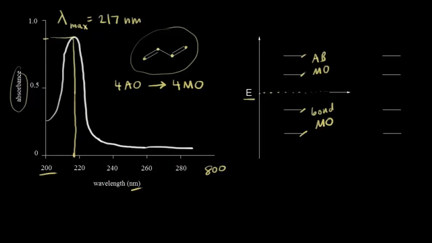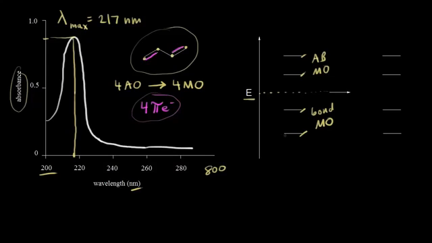Let's look at the dot structure again for butadiene, and let's see how many pi electrons we have. Here are 2 pi electrons, and here are 2 pi electrons, so a total of 4 pi electrons. When you're thinking about molecular orbitals, you can think about electron configurations. We have 4 electrons, and we're going to put them in the lowest energy orbitals first, and we're also going to pair our spins.